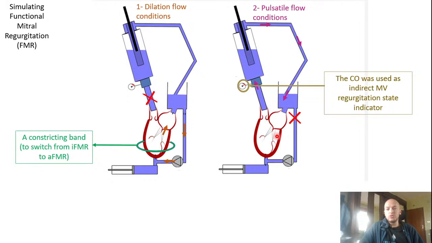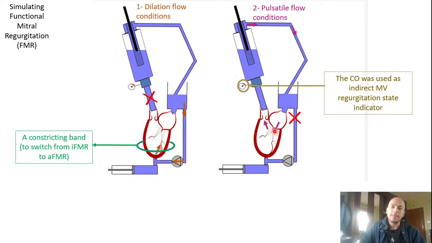So the usual way to measure the mitral regurg amount is by using echocardiography. But in this specific scenario, echocardiography cannot be done because the fluid used in this simulation is incompatible with echocardiography.